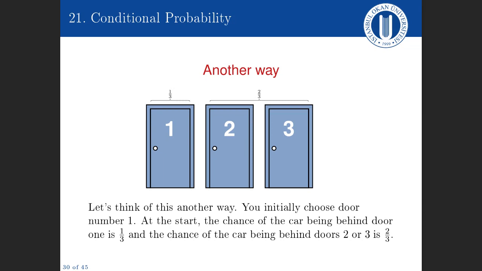Let's suppose I asked you a different question. Let's say you could stay with door number 1, or you could have door number 2 and door number 3. Would you change your mind then? Would you have 2 and 3, or would you stay with just door number 1?